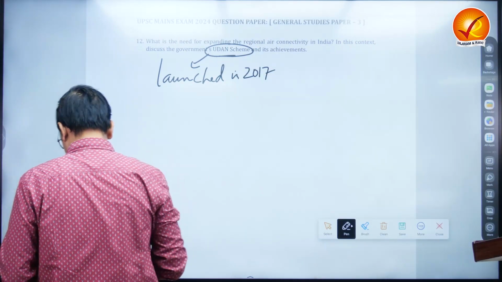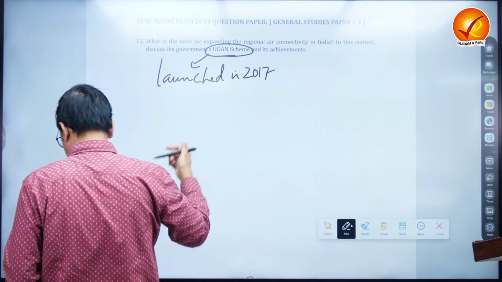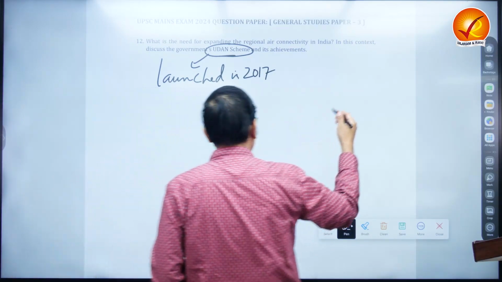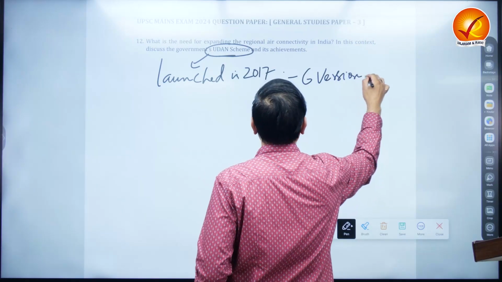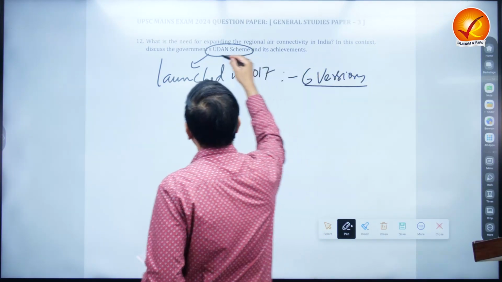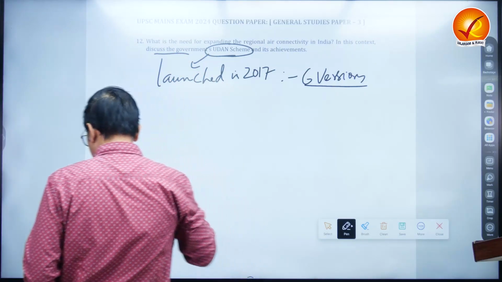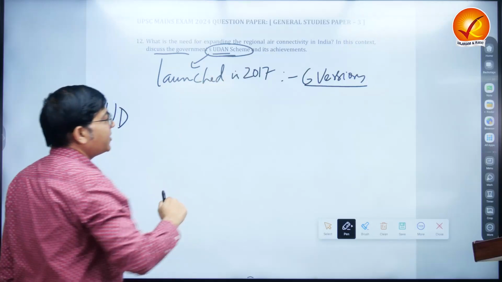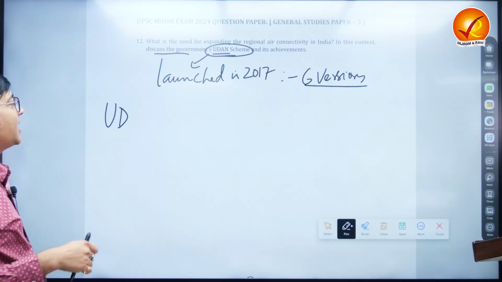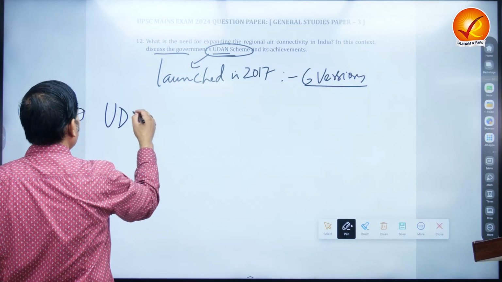There are 4 main versions also, although the 5th version also is coming in, 5th to 6th versions. By now there are around 6 versions that we have seen of UDAN. So that is how you can discuss the UDAN scheme. Like the full form, I'm sure I don't need to tell. Ude Desh Ka Aam Nagrik is the full form of the UDAN scheme.